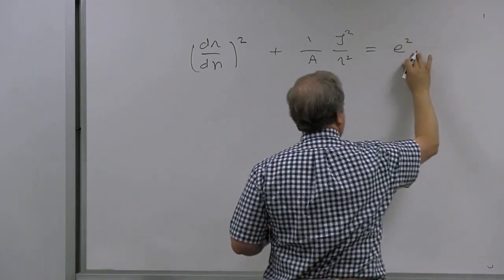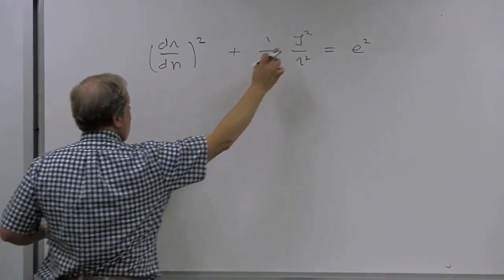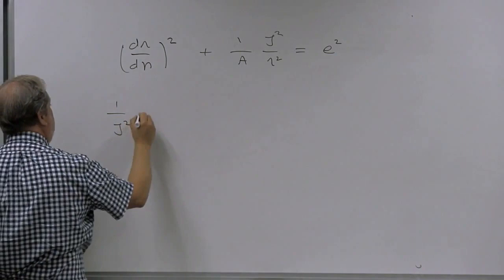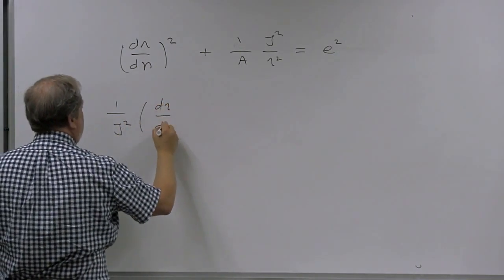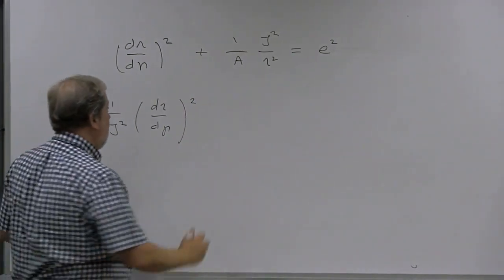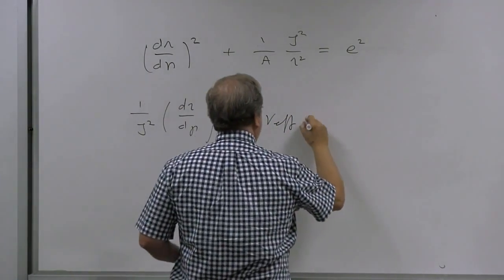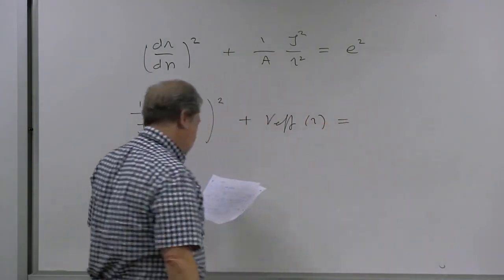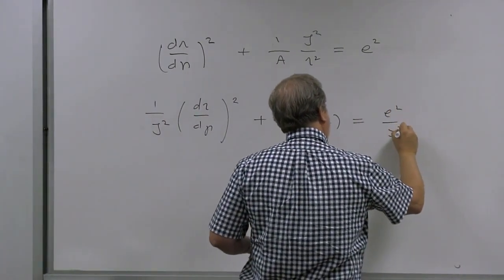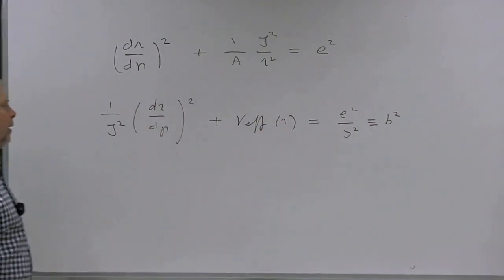So we put the constant over on this side, and then now we divide by j squared. Of course, j is a constant too, so we divide by j squared, 1 over j squared dr by dp. It's convenient to write it in this form, and then plus some effective potential, which depends on r, and that is going to be equal to e squared over j squared, which is some other constant. We can call that b squared, for example.